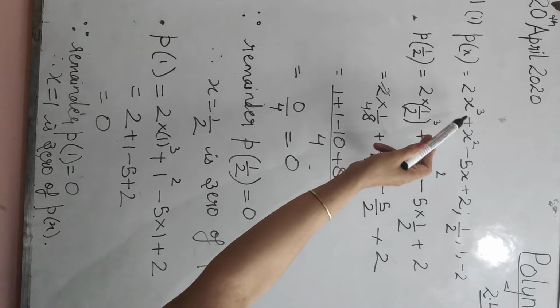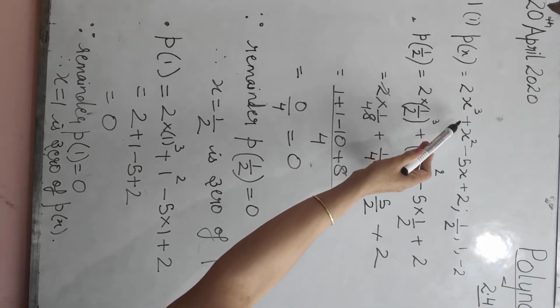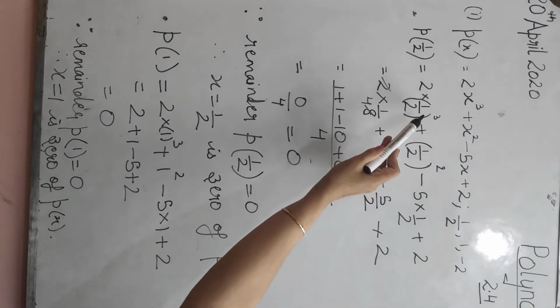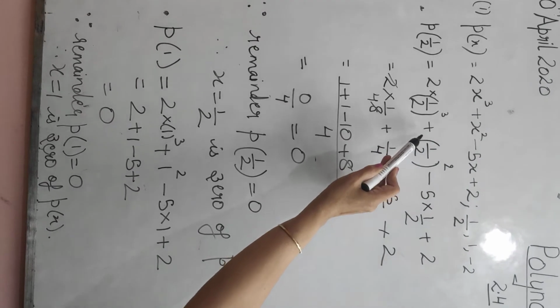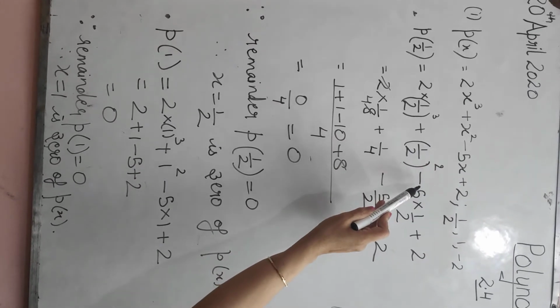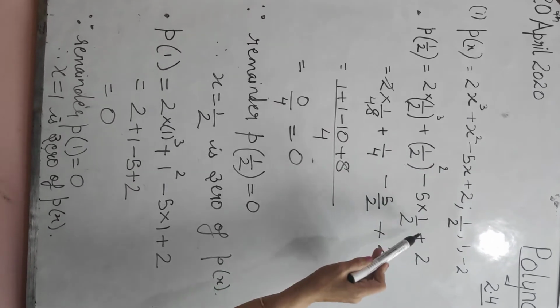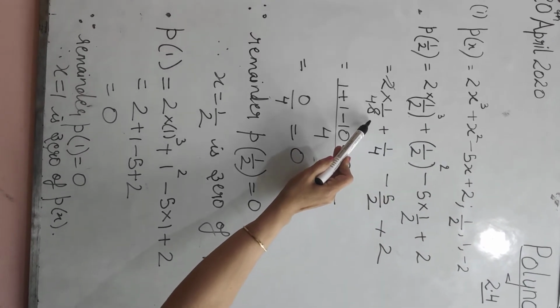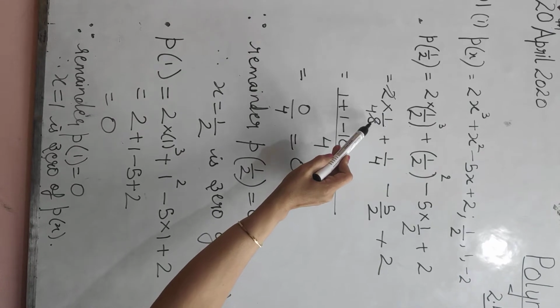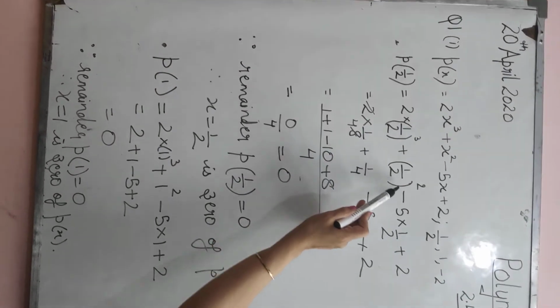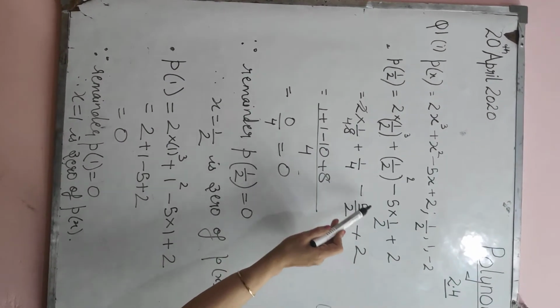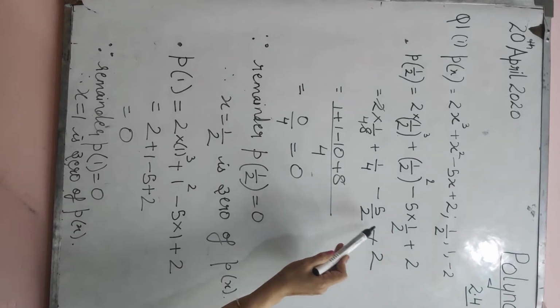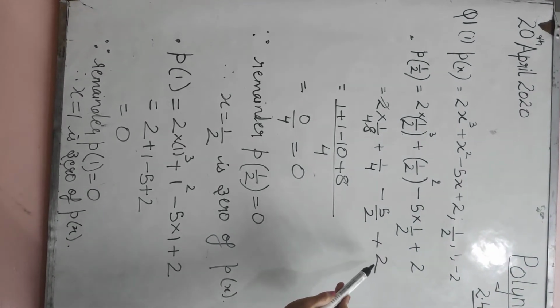So putting 1 by 2 in place of x in the given polynomial, 2 into 1 by 2 का cube plus 1 by 2 का square minus 5 into 1 by 2 plus 2. So 1 by 2 का cube 1 by 8, 2 and 8 gets cancelled off, we get 1 by 4 plus 1 by 2 का square 1 by 4 minus 5 into 1 by 2, 5 by 2, plus 2.